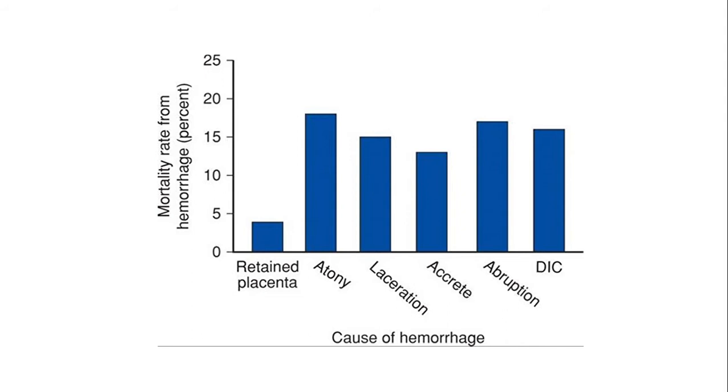And DIC also has a big part in it. Abruption of placenta, laceration of the uterus and genital tracts. And you see the retained part of placenta usually has the smallest numbers of maternal mortality rate.